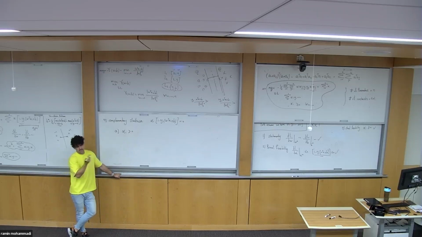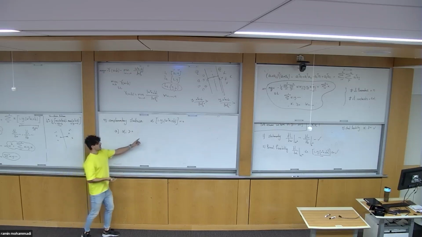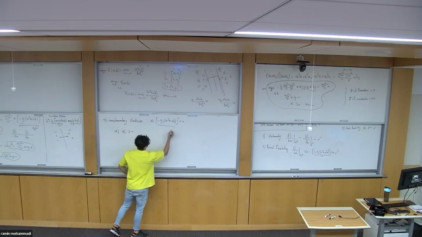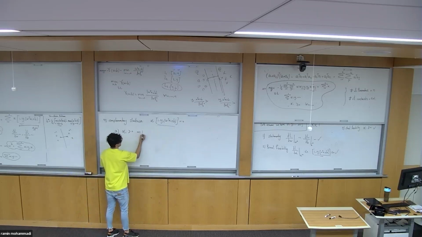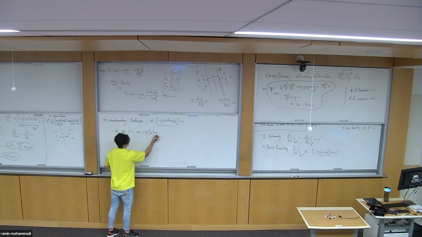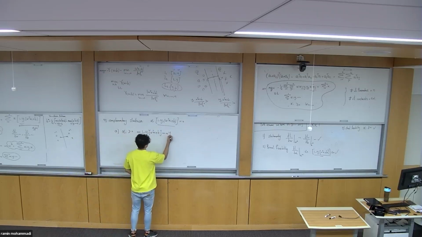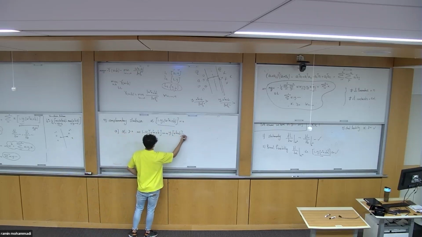It should be positive, greater than or equal to 0, right? If alpha is positive, what could you say about this? It should be 0, right? 1 minus yi (W transpose xi plus b) should be 0. That means yi (W transpose xi plus b) equals 1.